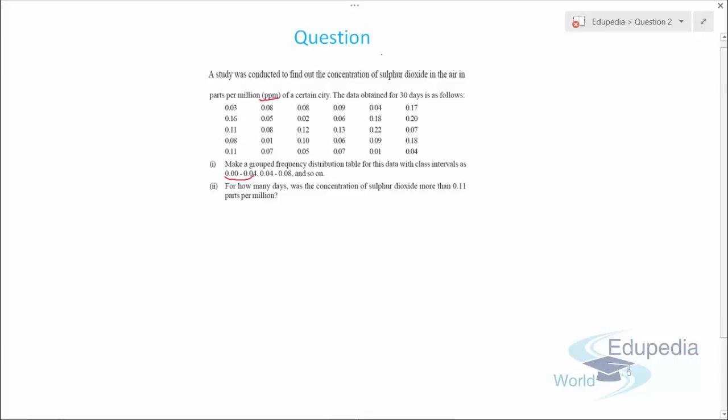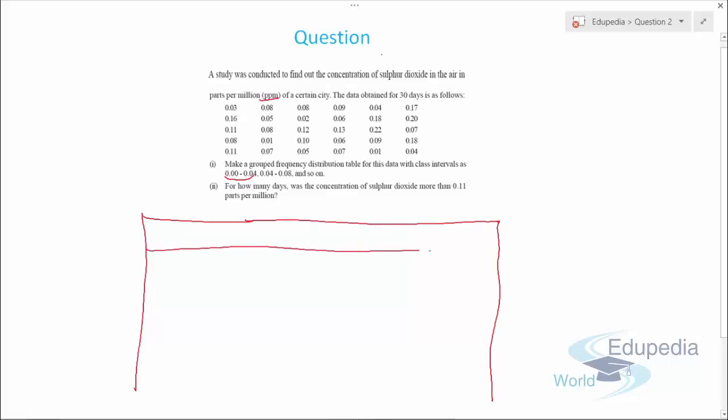So let's see how we can do this question now. It's a very similar question. Let's do it quickly then. So first of all, we need to draw the frequency distribution table, right? Like this. We have a frequency distribution table.